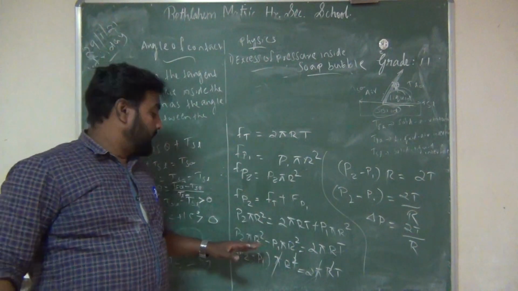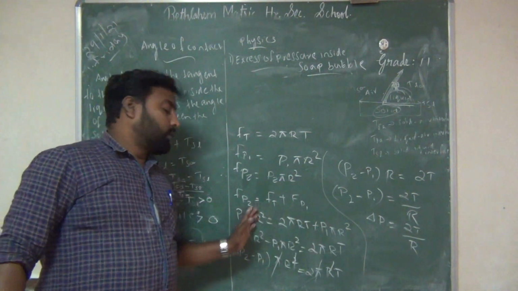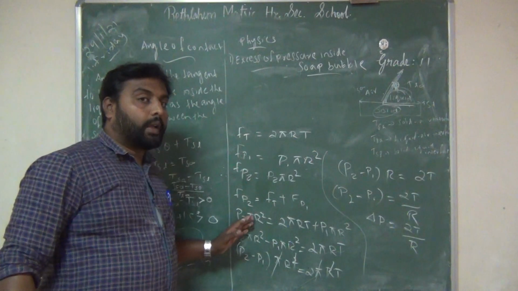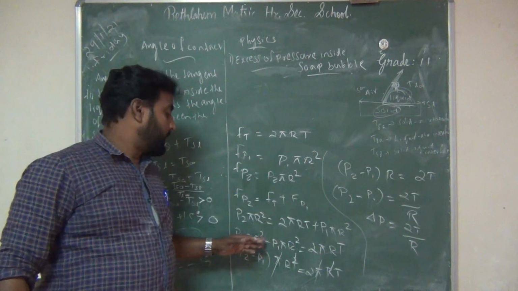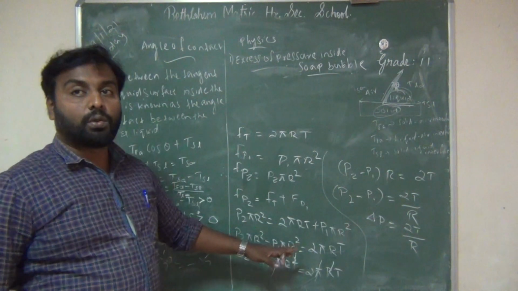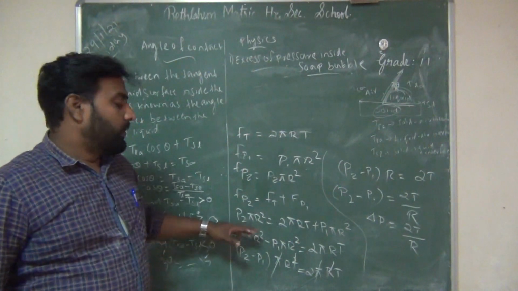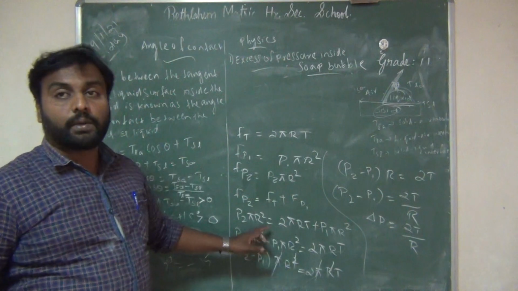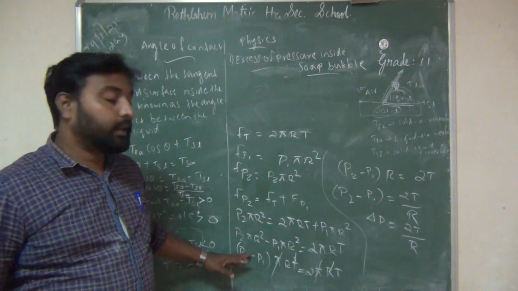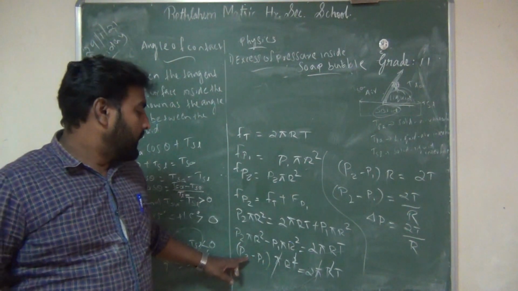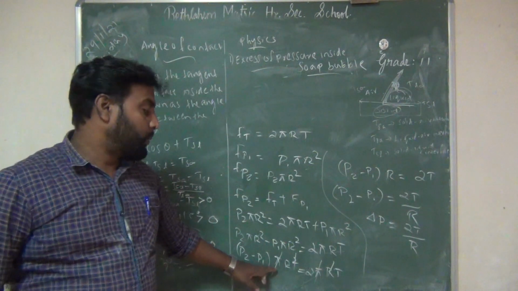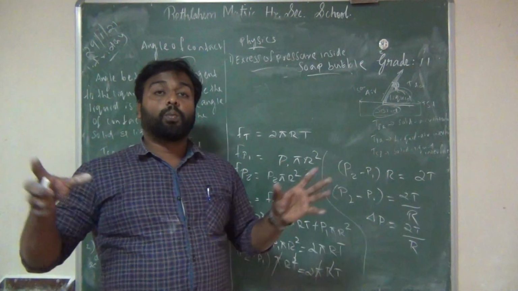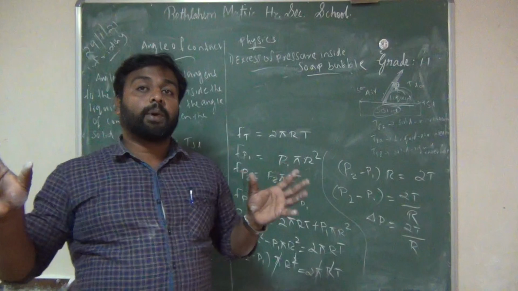Take the P1 term to this side, so P2 pi r square minus P1 pi r square is equal to 2 pi r T. Pi r square is common, so take it outside. We get P2 minus P1 into pi r square equal to 2 pi r T. Now you have to cancel the pi and r.